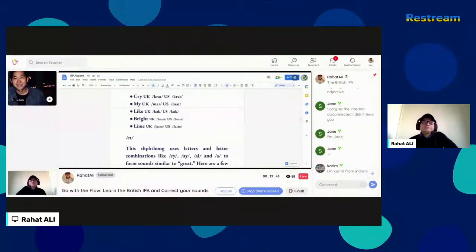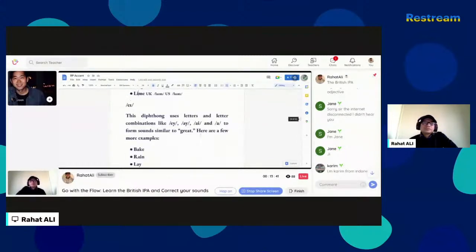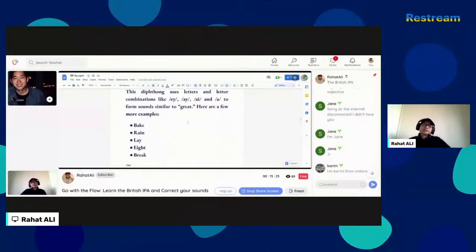Okay. Next one is EI. This diphthong uses letters and letter combinations like EI, AY, AI, and A, which is awesome, to form sounds similar to great. Here are a few more examples.